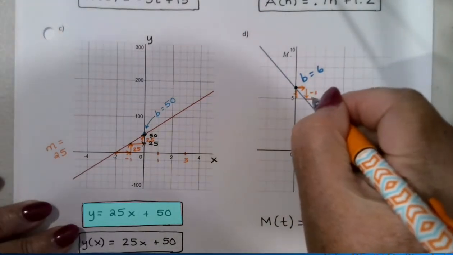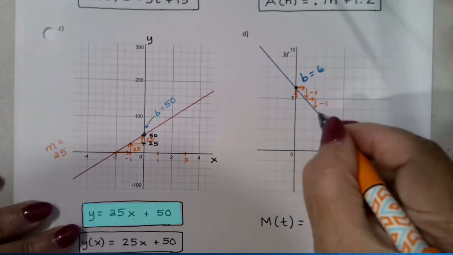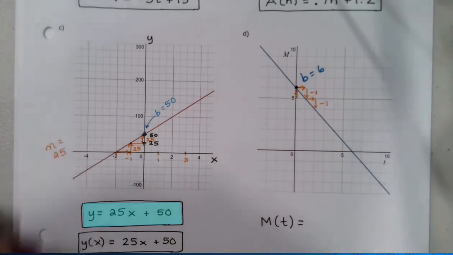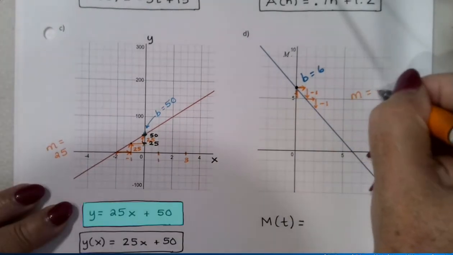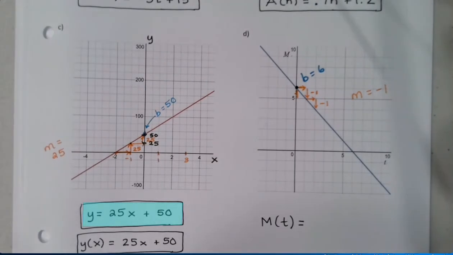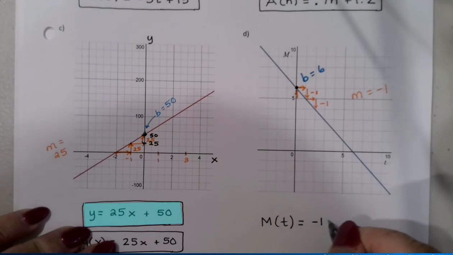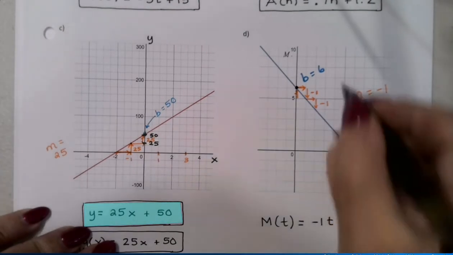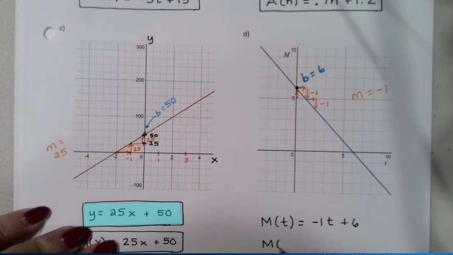Let x go up by 1, y goes down by 1. And you can see that that pattern repeats itself over and over. So it looks like the slope is going to be negative 1. So m of t would be negative 1 times t plus 6. Or if I want to, I don't really need the 1. We often just call that minus t plus 6.